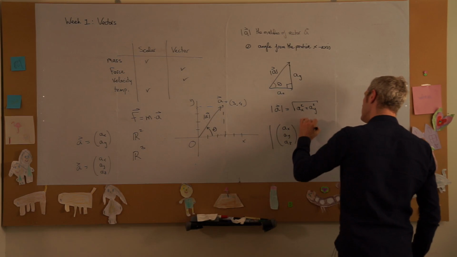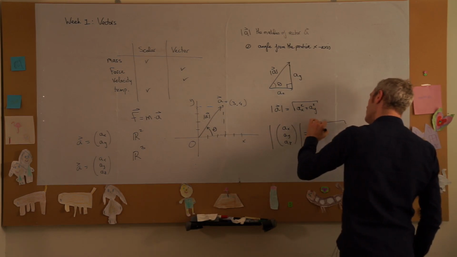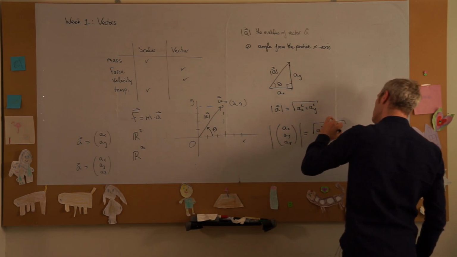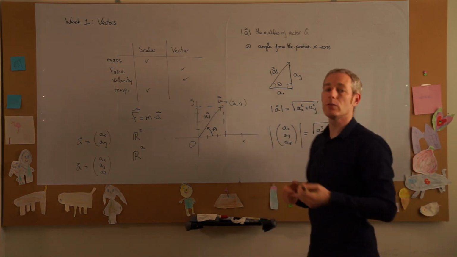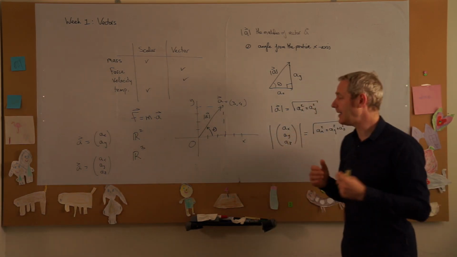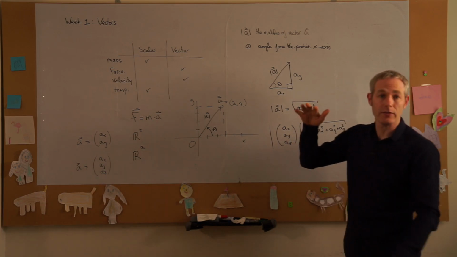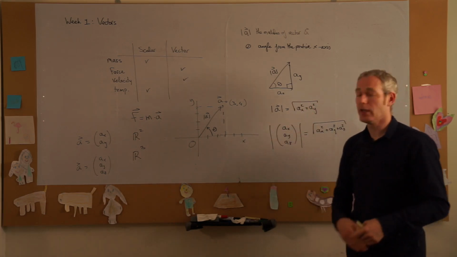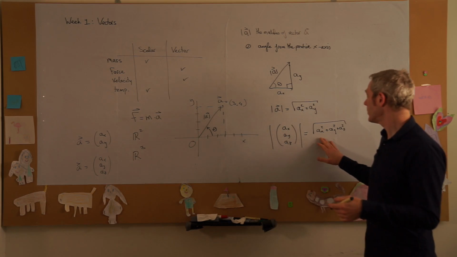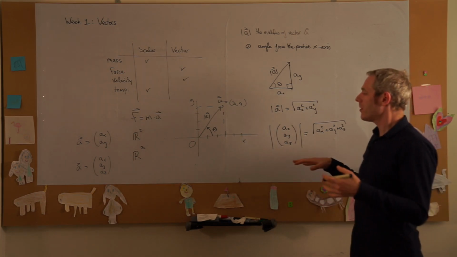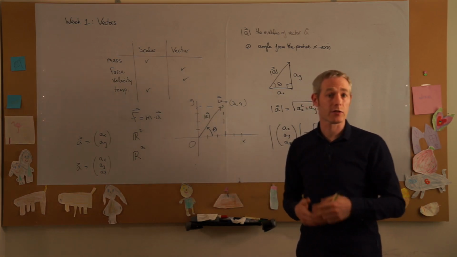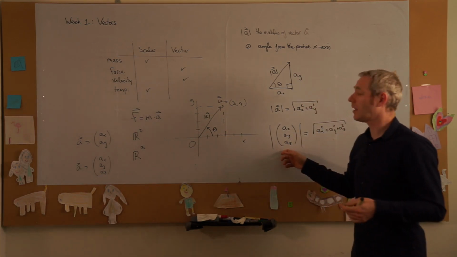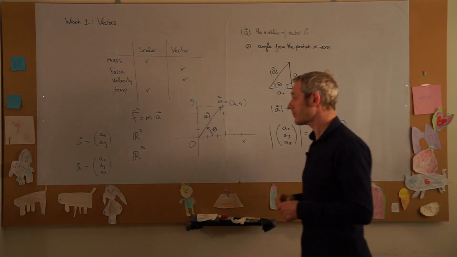It's the square root of AX squared plus AY squared plus AZ squared. And we can do this for vectors of any length, any number of dimensions. So if we have a vector of length 1000, we can do this as well. And of course, we're used to 2D space and 3D space, but if you're using vectors to store information, they can become a lot longer.